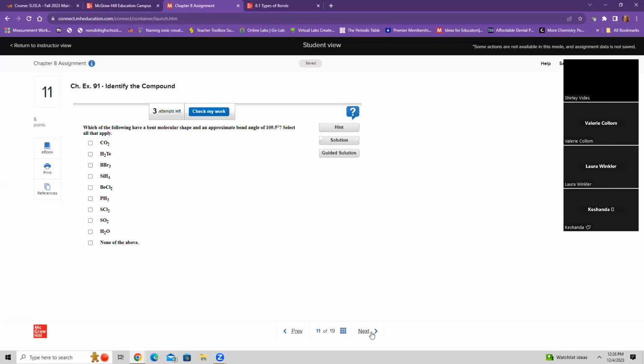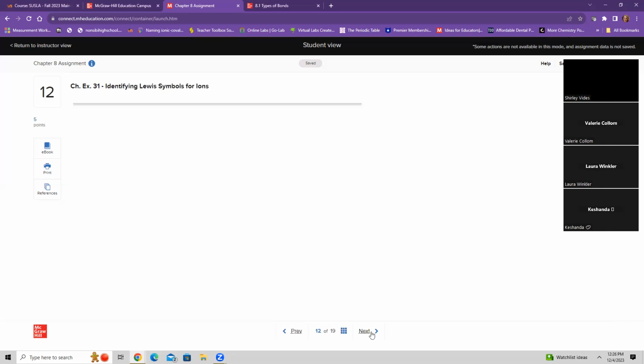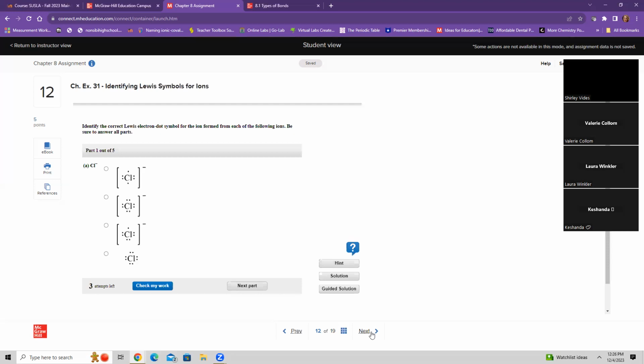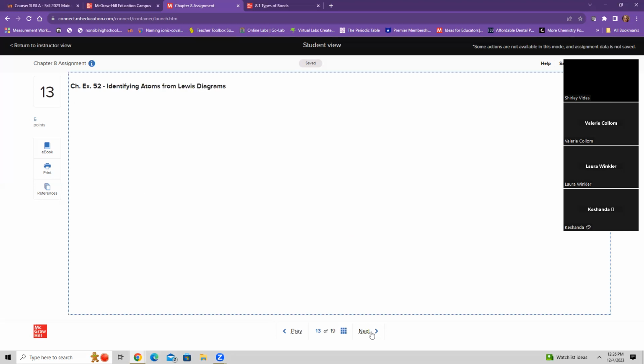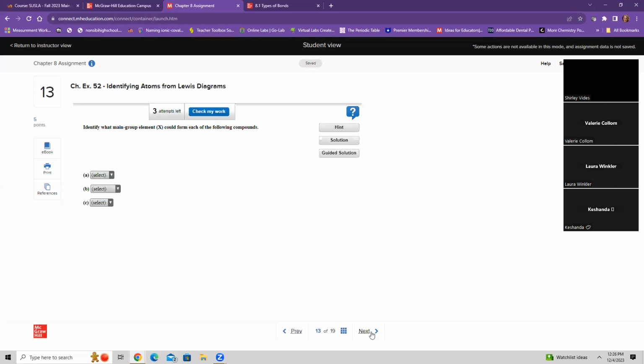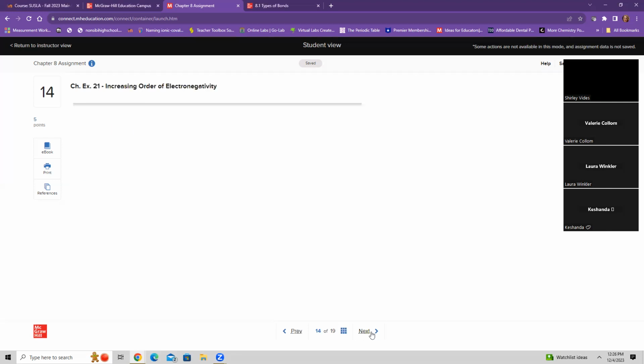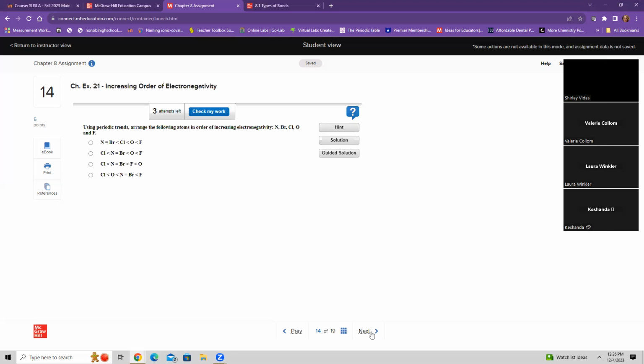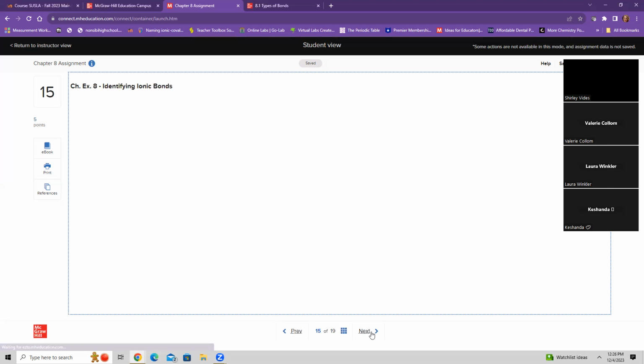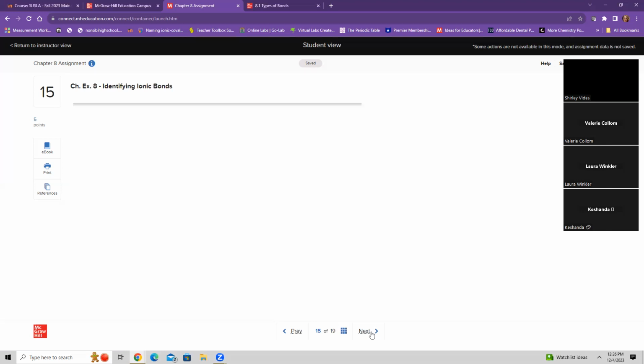Identify the compound. That's easy. Lewis symbols. That's what you want to look at, is Lewis structures. Okay, that we just did. So you know how to do that one, right? Yeah, I can figure that one out now. Okay.